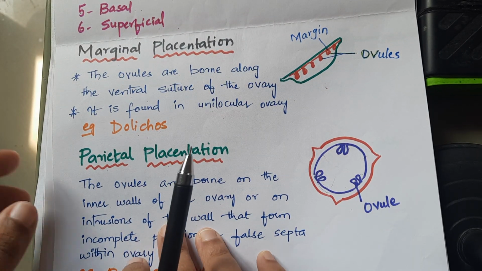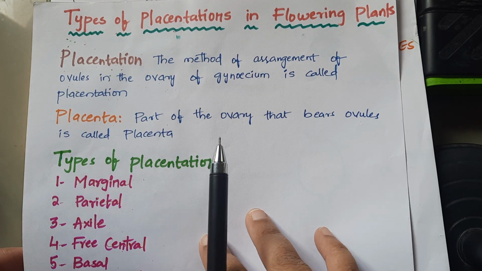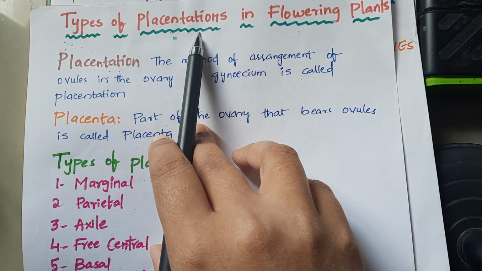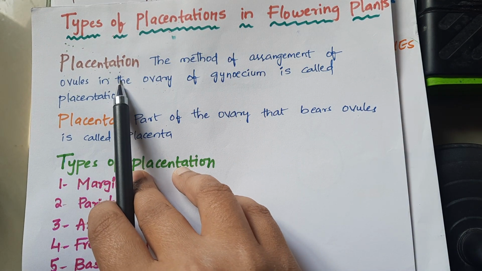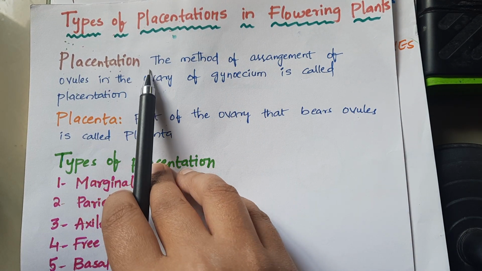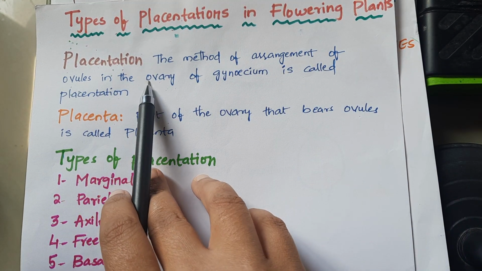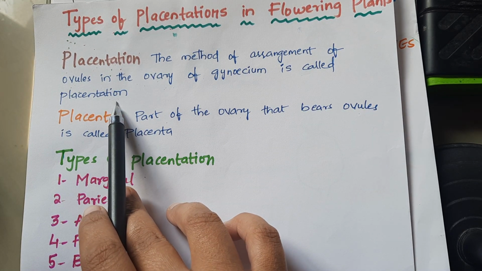Then coming to the placentations. Here we'll discuss the types of placentations, how the placentas are arranged in flowers. First, the definition of placentation. The method of arrangement of ovules in the ovary of the gynoecium is known as placentation.